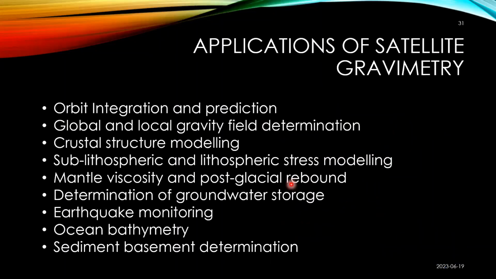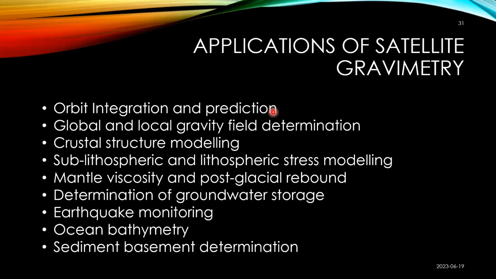So what are the applications? Orbit integration and prediction. Of course, the products of satellite gravity, which are the gravity models, are used for orbit determination or orbit integration. You can determine the gravity field locally as well, not only globally.